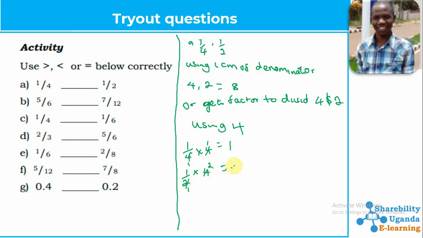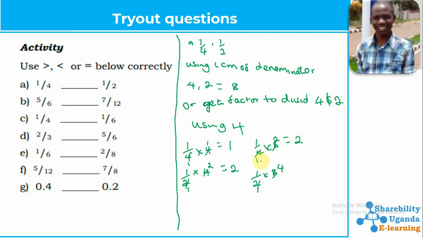So our answer here is going to be equal to 2. If we use 8, we can also get the same answer. Let's use it: 1 out of 4 times 8, we still get 4 by 4, 1 by 4, 2, so our answer here is 2. Then 1 out of 2 times 8, 2 by 2, 1 by 2, 4.